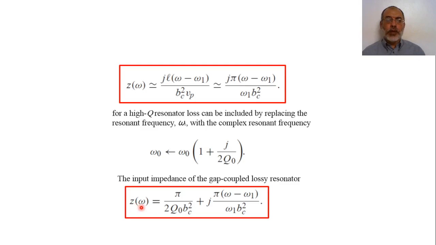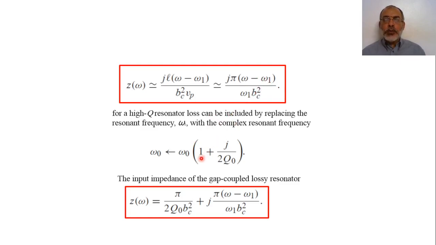Z as a function of omega, it would be j pi omega minus this combination over omega 1 BC squared. In the denominator, we are going to call it omega 1. But in the numerator, we are going to call it omega 1 multiplied by 1 plus j over 2Q naught. So the first term corresponds to actually this term directly.